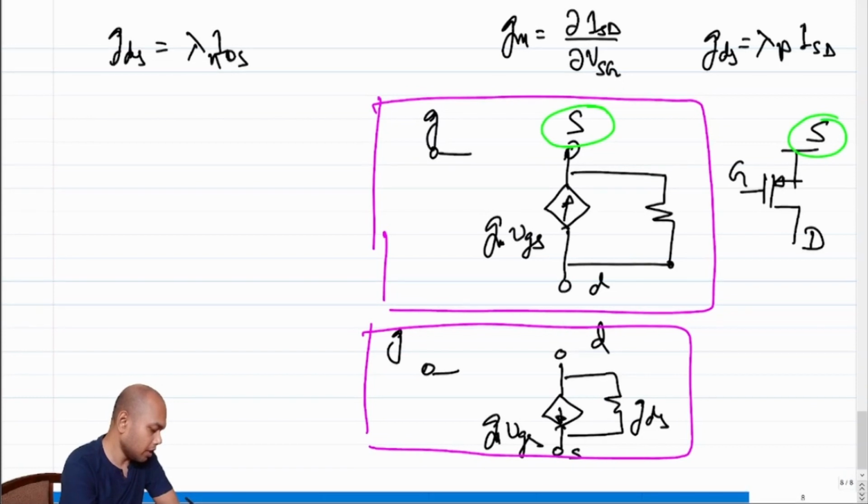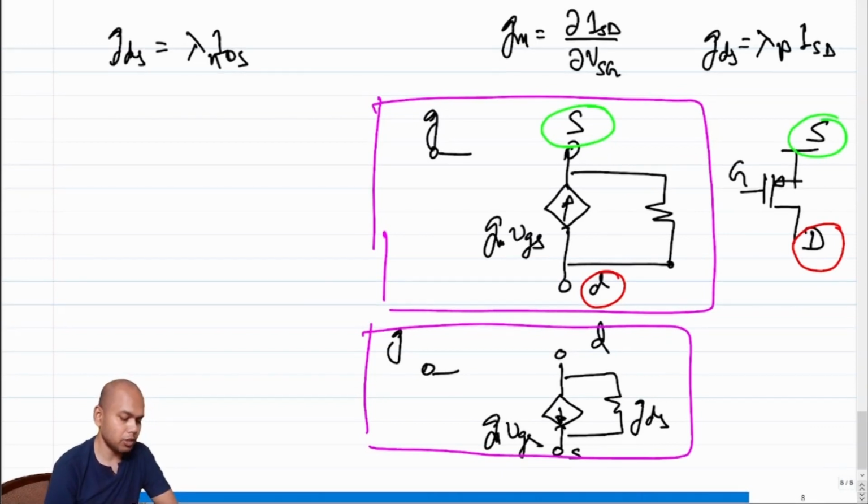We tend to put the drain on the bottom in the case of a PMOSFET. Here also the drain is at the bottom of the PMOSFET. So the visualization of the network becomes easier, right? Hence, in this course we would like to solve our problems using the model on the top. However, if it helps in your personal case, you can choose to use either, right?